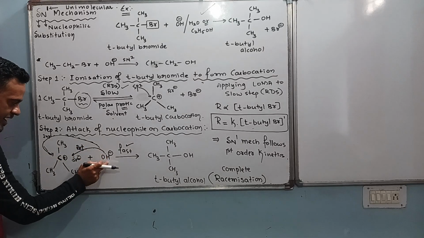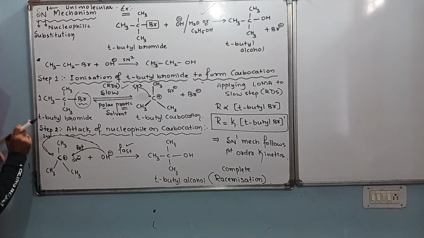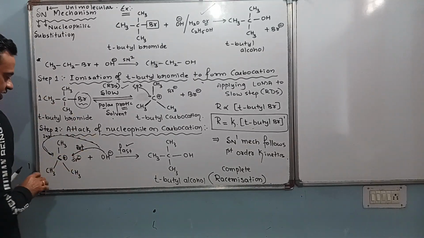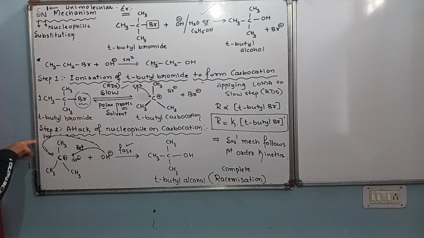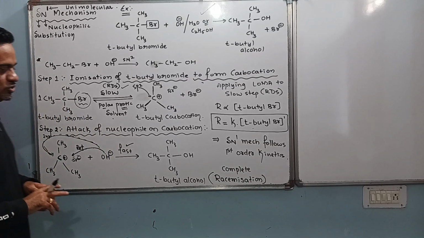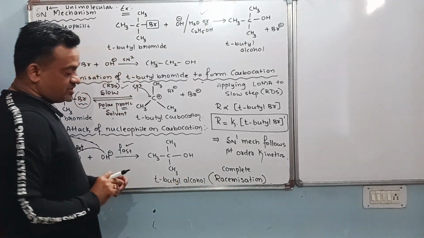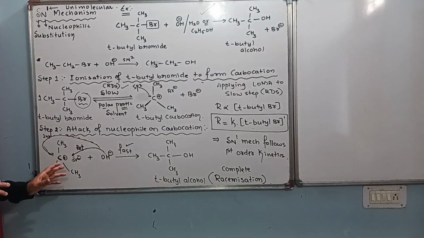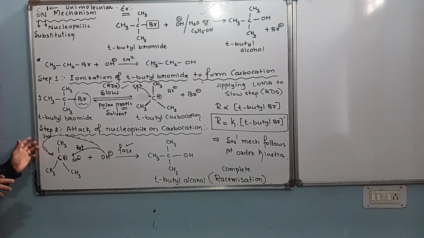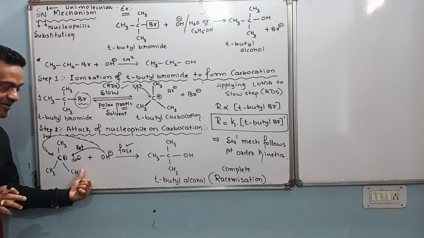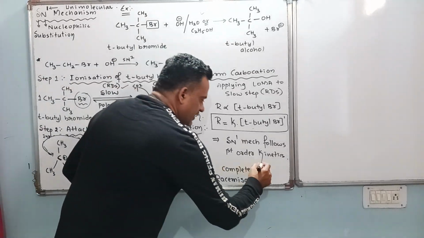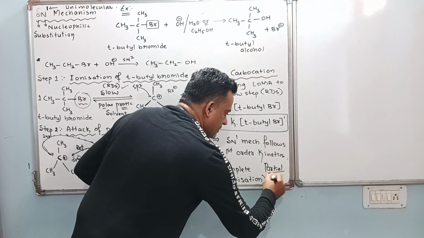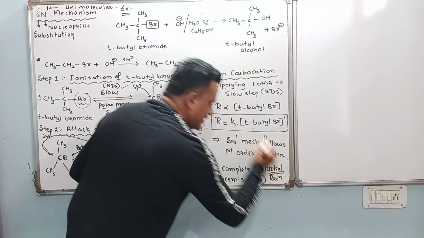Therefore, it looks like 50% left side attack and 50% right side attack, but actually more of the attack is taking place from behind. So this is not complete racemization. In your product, there will be 50 to 70% inverted product and about 30 to 40% retention product. So this is called partial racemization. Is that clear?